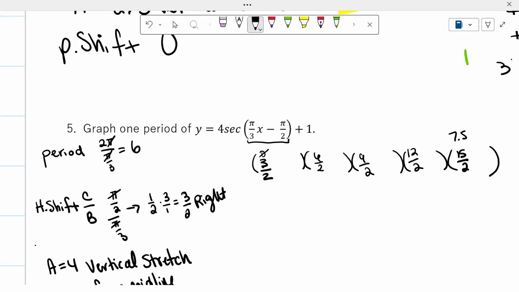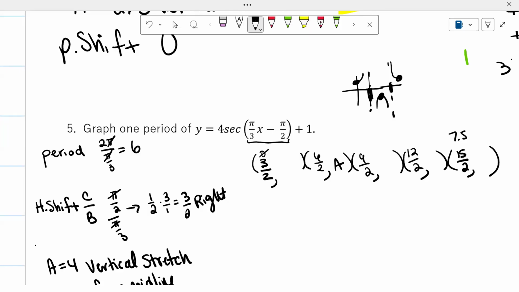Now let's start talking about y values. For the normal secant function, right? U up, asymptote, U down, asymptote, U up. So normally we're here, then asymptote, then here, then asymptote, then here.